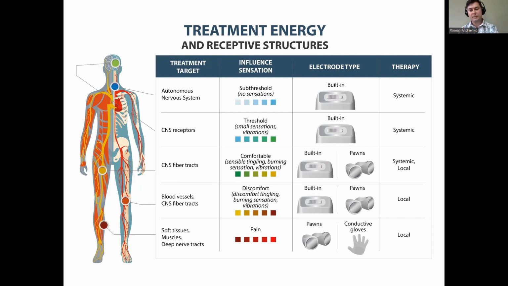So we recommend, if you are dealing with pain level, use only PONS or conductive gloves, simply because you can put them far from each other, they are bigger than the built-in electrode, and the energy is distributed over a greater surface. And this is why it is not that uncomfortable for your patient, because you need your patient to trust you and trust Scenar, because this is important.